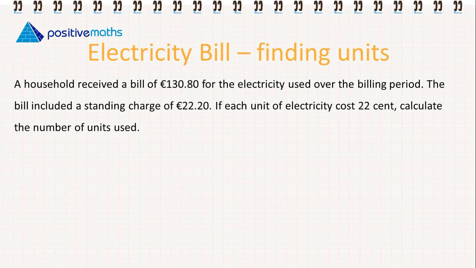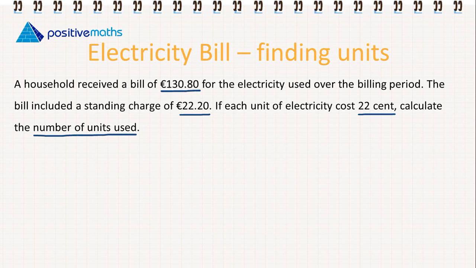Okay, the next question. We have an electricity bill. A household received a bill of €130.80 for the electricity used over the billing period. The bill included a standard charge of $22.20. If each unit of electricity cost 22 cents, we need to calculate the number of units used.